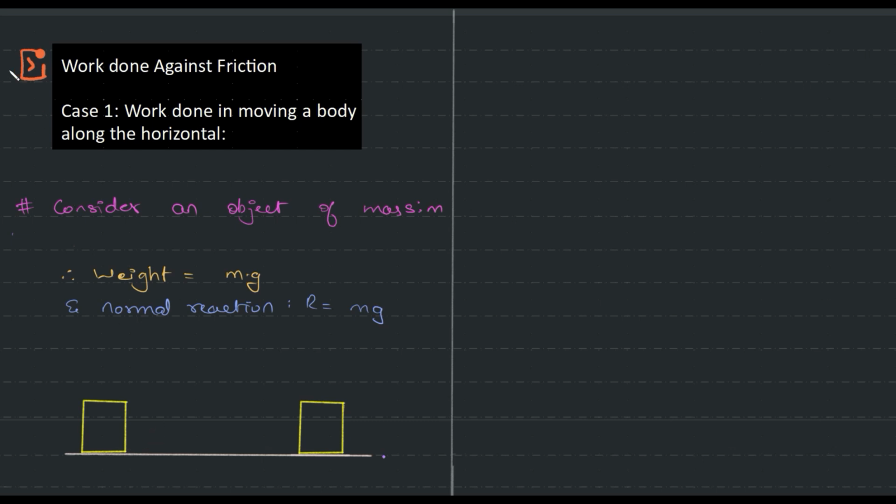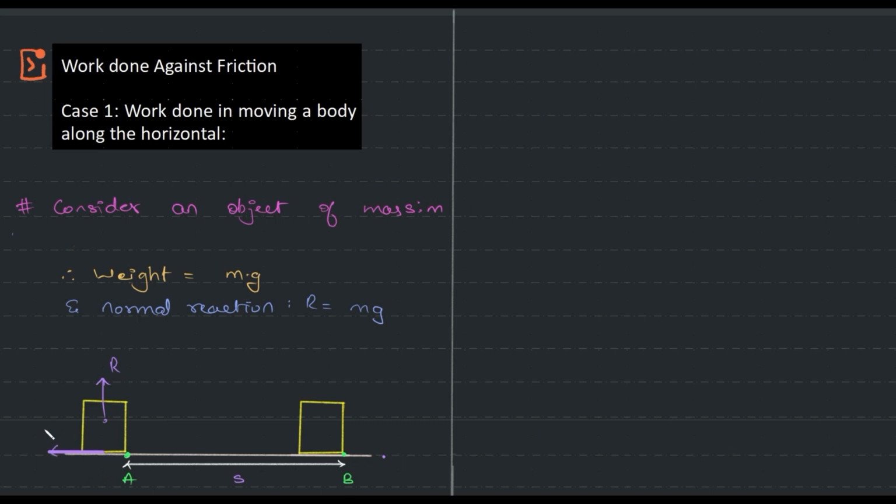That's what we are trying to figure out. So the distance from point A to point B is, say, S. And we have the normal to be R.